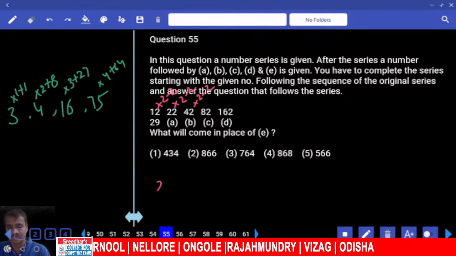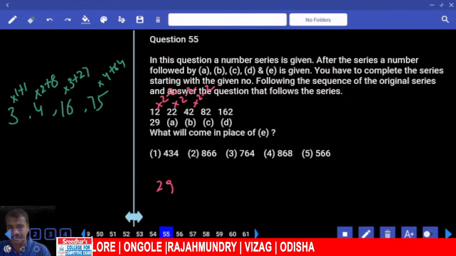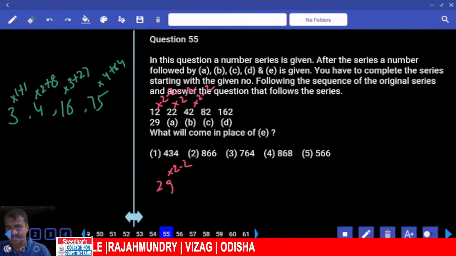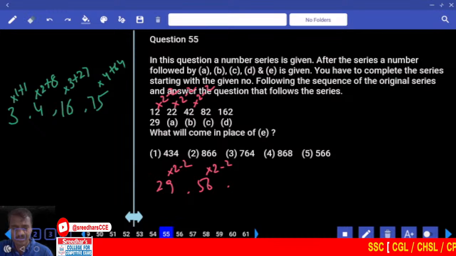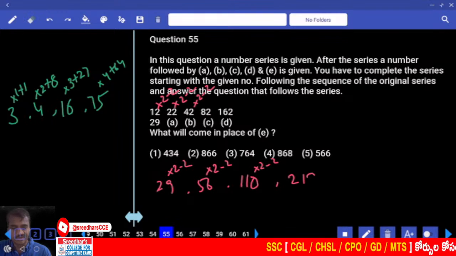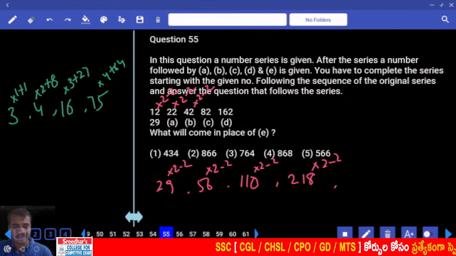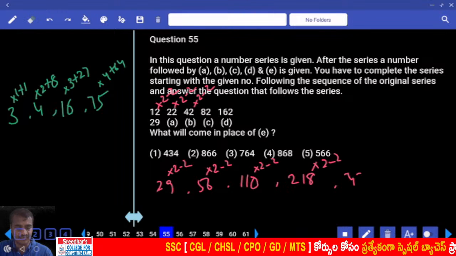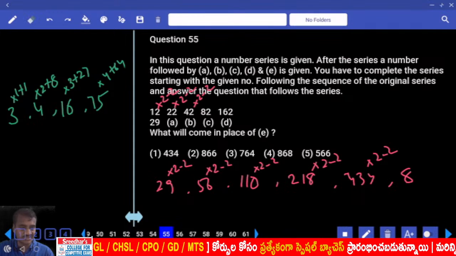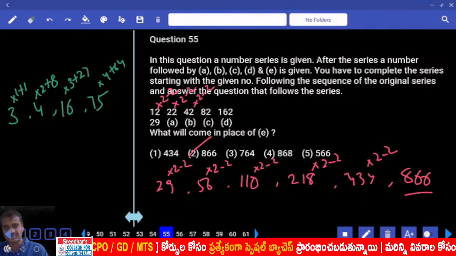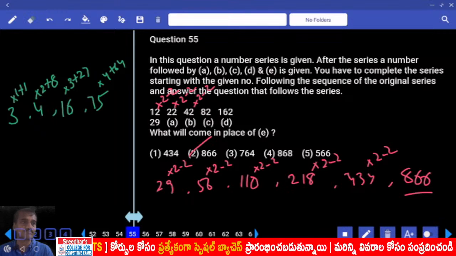Similarly, starting with 29: 29 into 2, 58 minus 2, 56. 56 into 2 minus 2, 110. 110 into 2 minus 2, 218. 218 into 2 minus 2, 436 minus 2, 434. Now 434 into 2 minus 2, 868 minus 2, 866. 866 is choice 2, question 55. Clear?